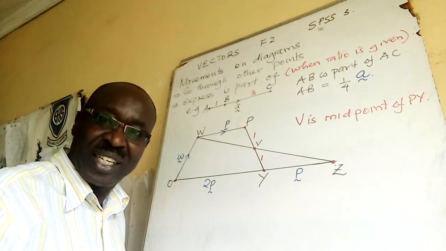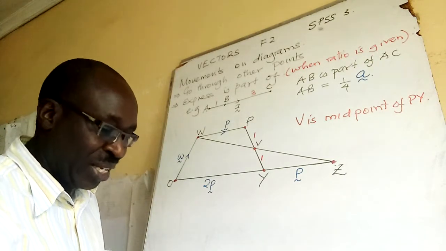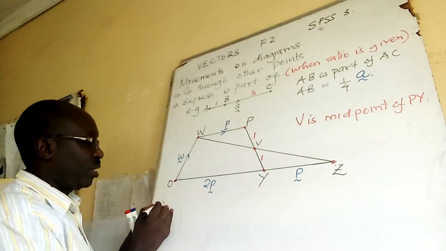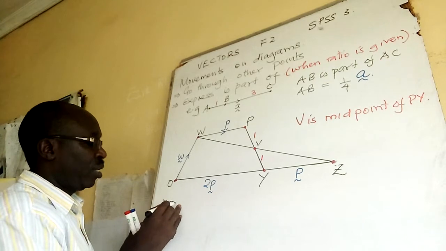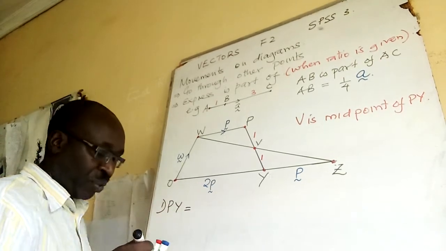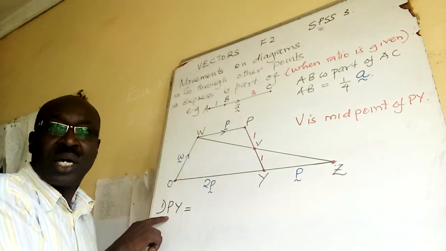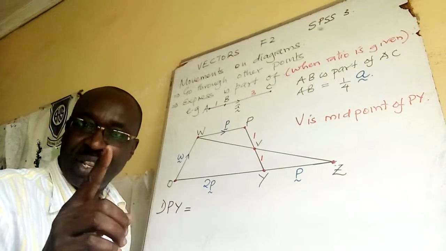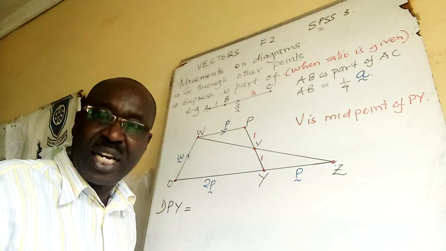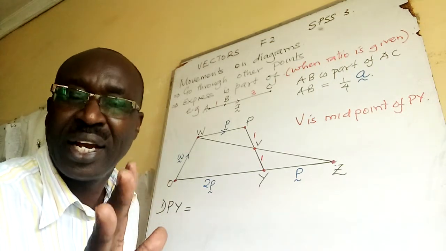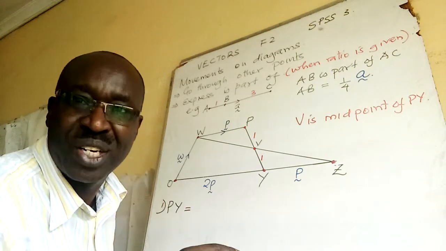Now, question number 1 here. I want us to get P to Y. How do you move from P and then go to Y? Remember, the first letter is where you are, the second letter is where you are going. Now, you have been given numbers of these routes.